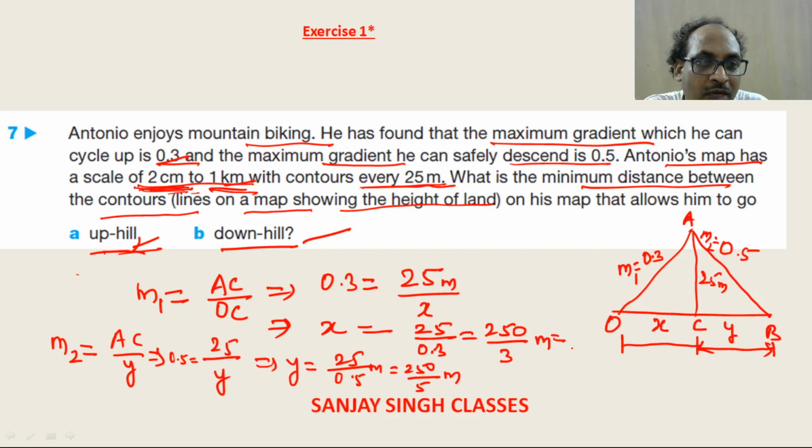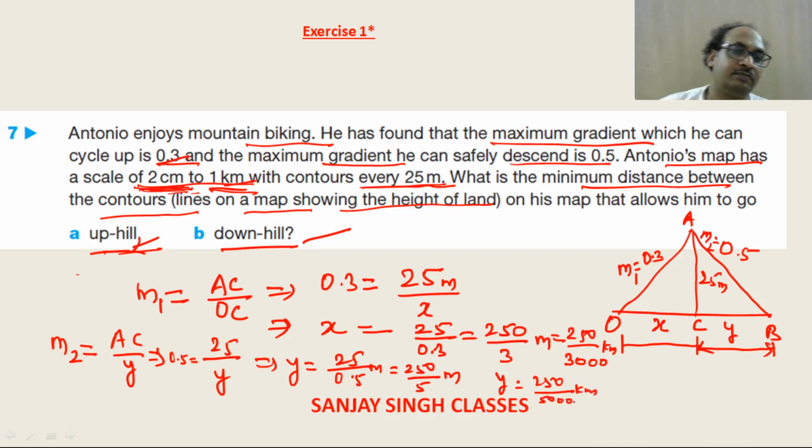So 1 meter is equal to 1 by 1000 kilometer. So 250 by 3 into 1000, so it will become 250 by 3000 kilometer. Similarly, y is equal to 250 divided by 5000 kilometer. Right. So now 1 kilometer is equal to 2 centimeter.